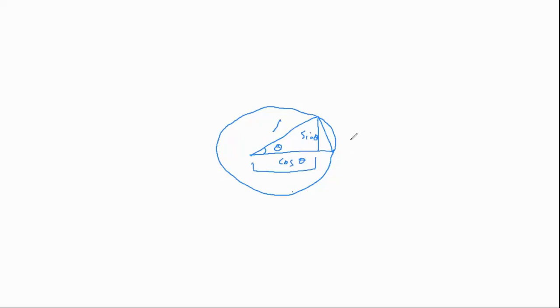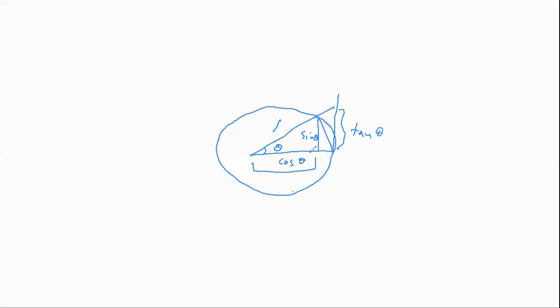What I'm going to do is take a vertical line up from this one and connect it with this. I'm going to call this one, guess what? Tan theta. Isn't this tan theta? What is tan theta? The opposite divided by the adjacent.